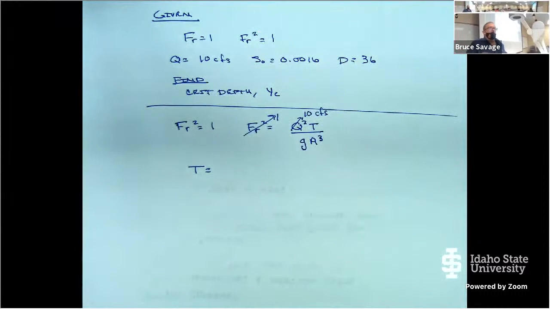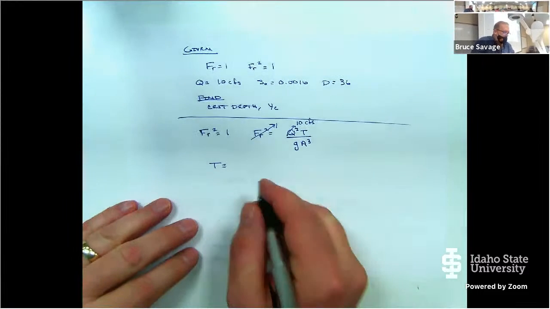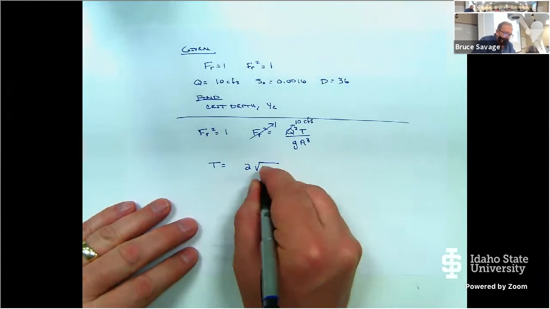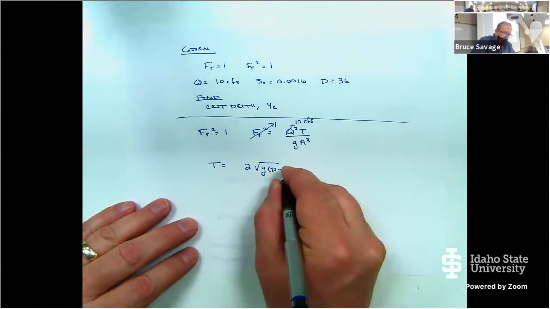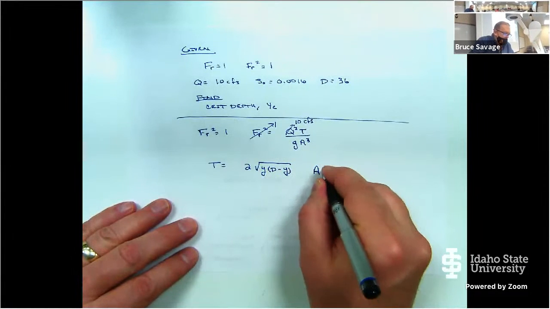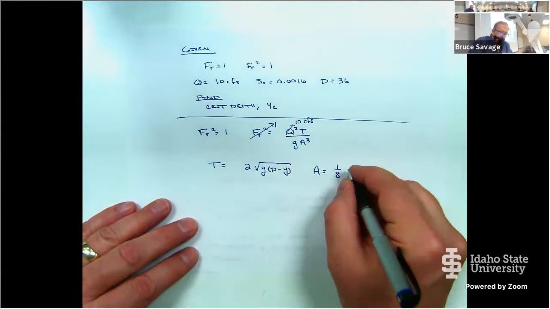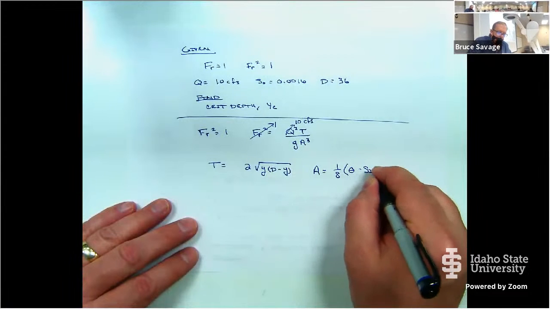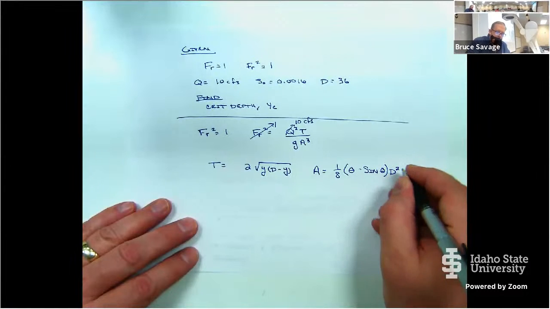So coming back over here, zooming out, I know then that the top width is equal to 2 times the square root of y times d, the diameter, minus y. I know that the area is equal to 1/8 times theta minus sine theta times d squared.